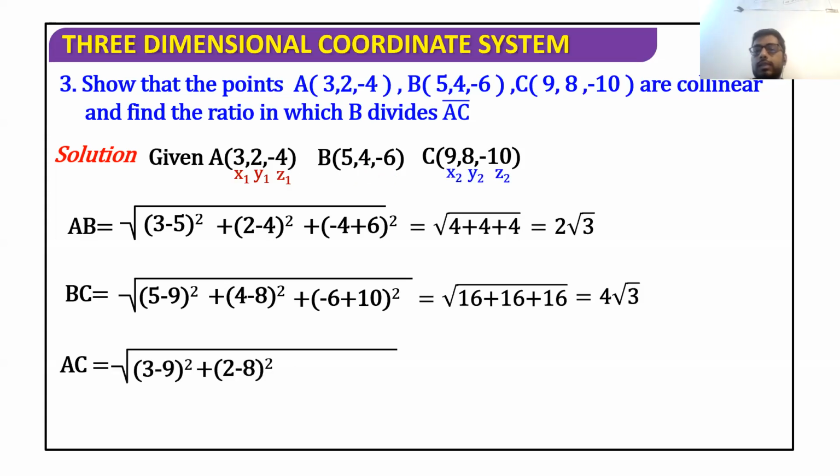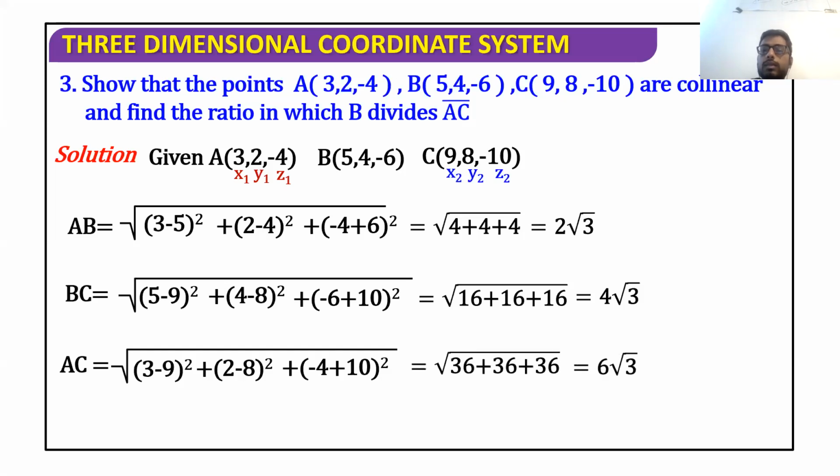And as the 3 points are collinear, I can say that there is going to be a relation between these 3 sides. So what relation is going to be there? AB, BC, and AC. I can see that AB plus BC is equal to AC. AB is 2 root 3, BC is 4 root 3, AC is 6 root 3. So if I add AB and BC, I get my third side, which is AC.